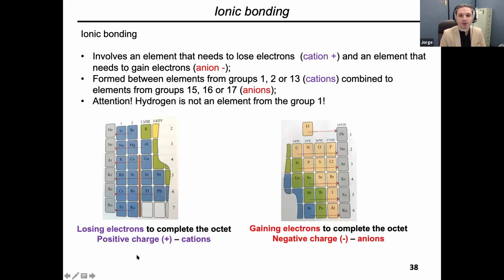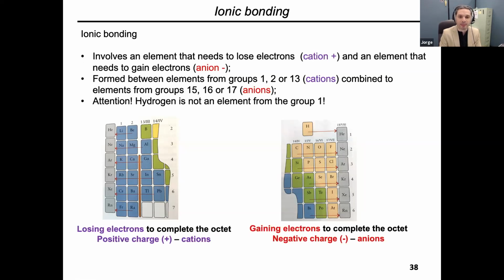Okay, so let's start with the ionic compounds. I'm going to call the kind of bond formed in this sort of compound ionic bonding. So I want to go first over the characteristics of an ionic bonding with you. First one involves an element that needs to lose electrons, okay?